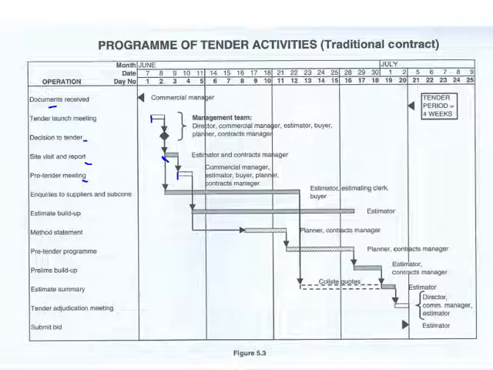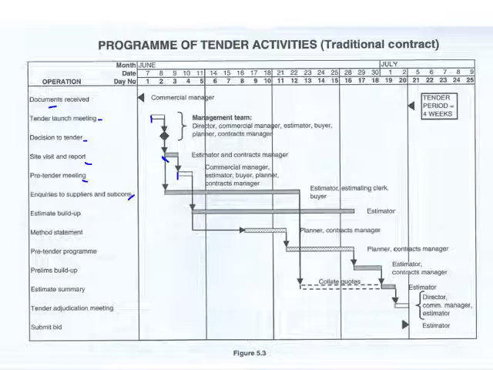I just got mixed up. So your tender launch meeting is our tender briefing meeting, basically. So your internal pre-tender meeting is where you sit around the table, discuss who's going to do what, and so forth.